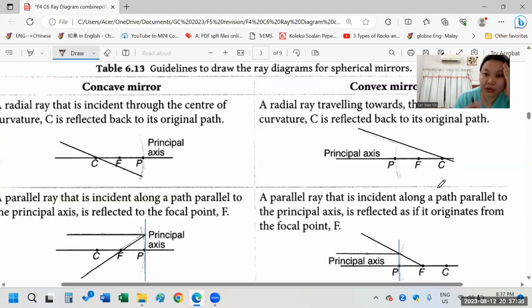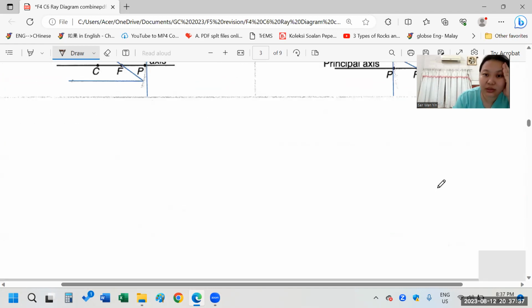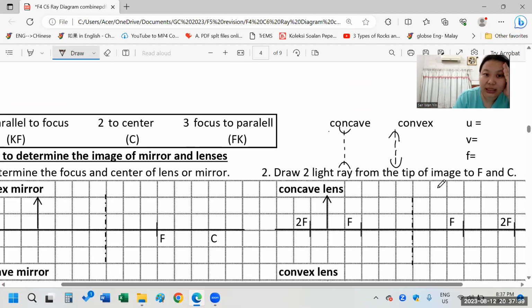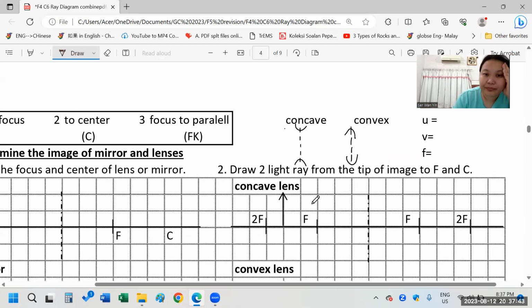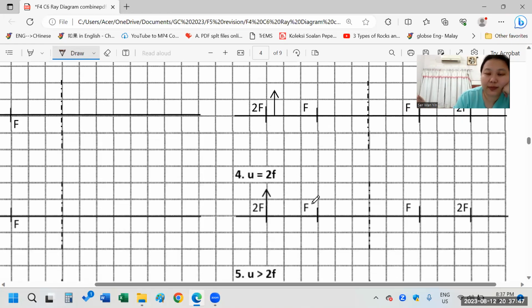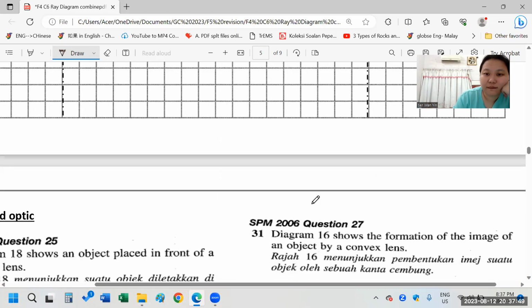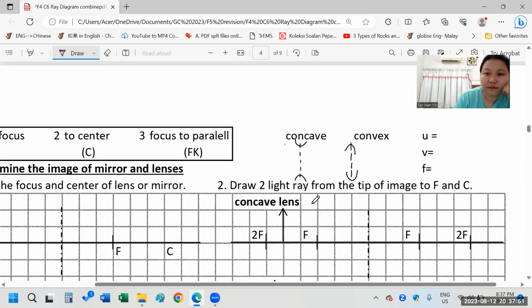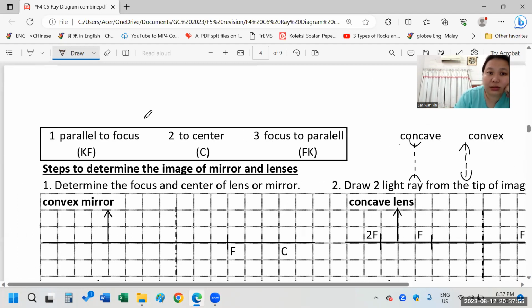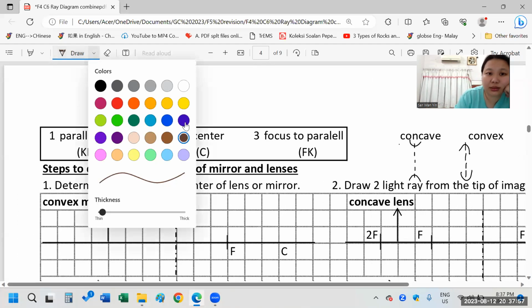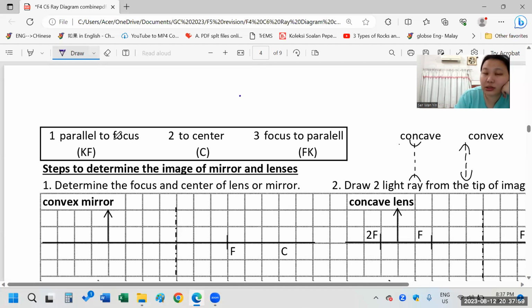Now this is the mirror, we ignore first. Now please look at this page, there are many boxes. Before we start, let's make a revision first.